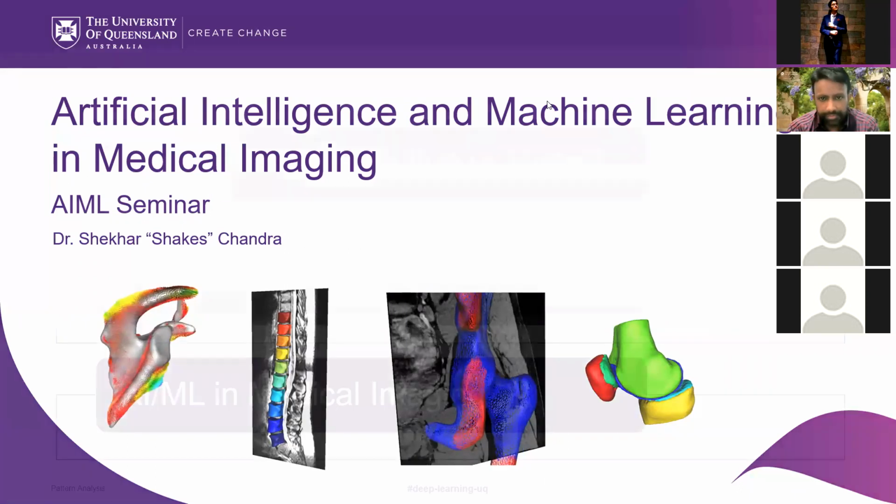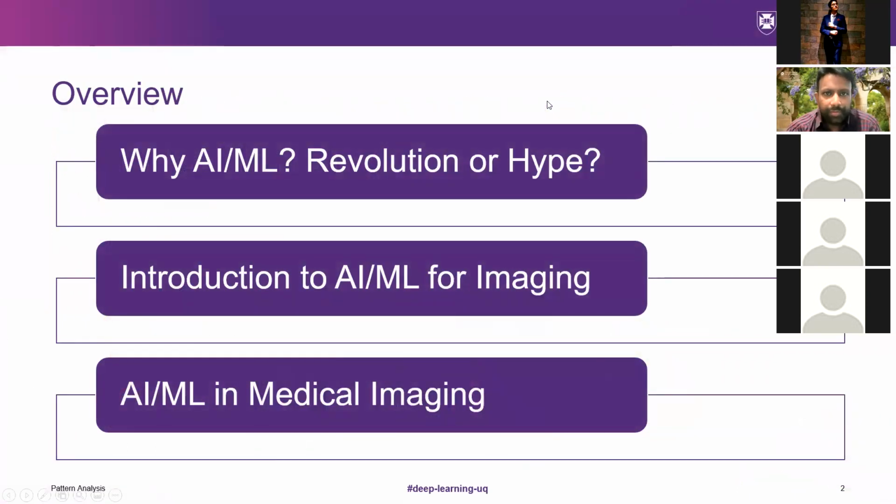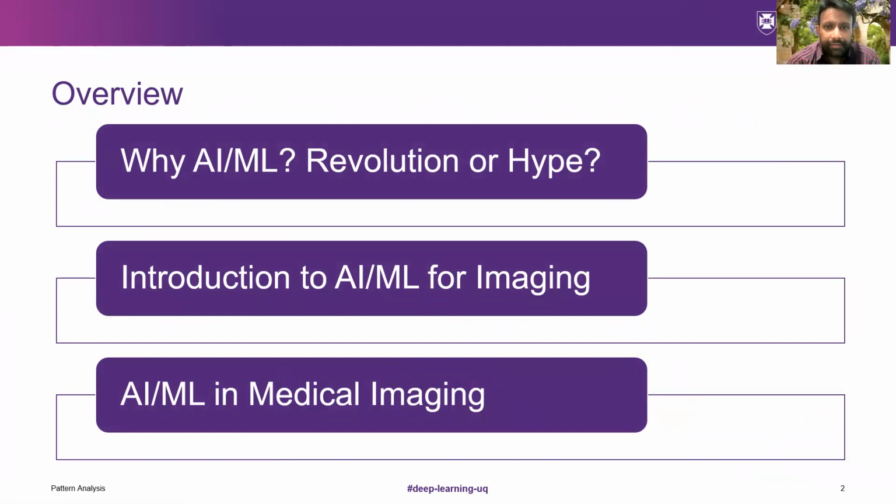going into three parts today. I wanted to talk about why AI and ML. Is it a revolution or a hype? Hopefully I can convince you that it's a revolution. Obviously I might be preaching to the converted, but hopefully you will see that maybe some new ideas of why this AI ML revolution is worth considering, even if you were a fan to begin with.